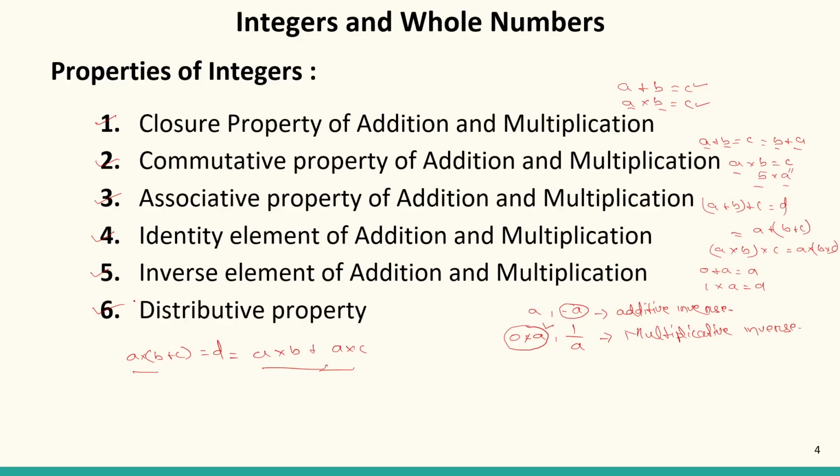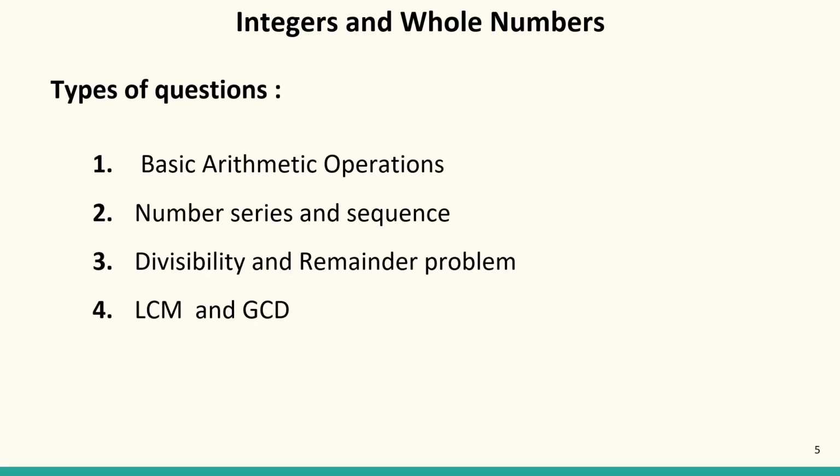So let's jump into the next part that we are going to learn today. Let's see what kind of questions are asked on integers and whole numbers in various competitive exams. The first type is basic arithmetic operations. The second type is on sequence and series of numbers.